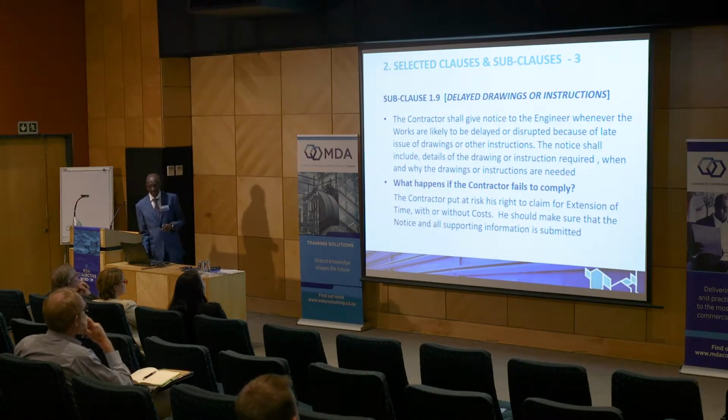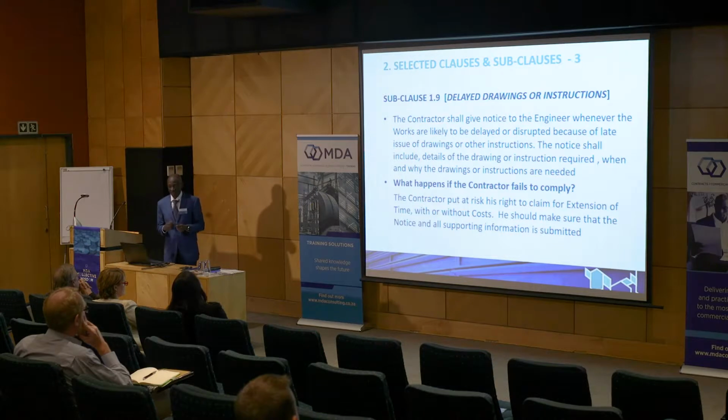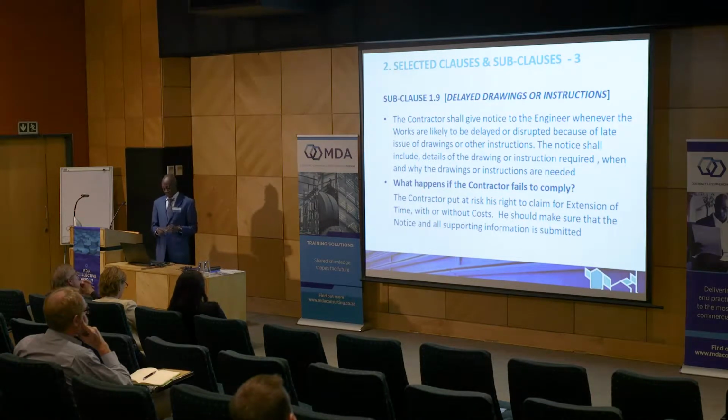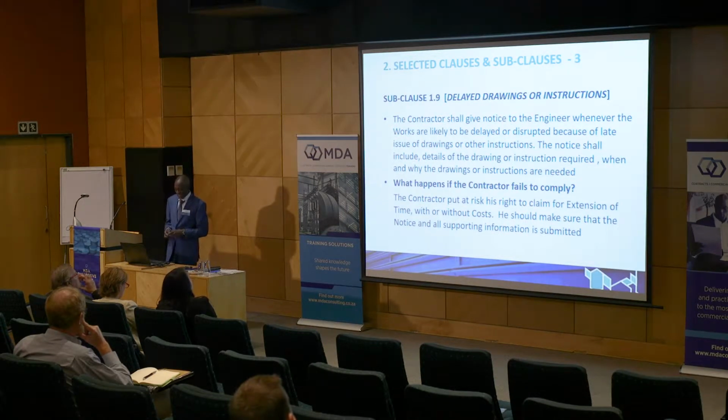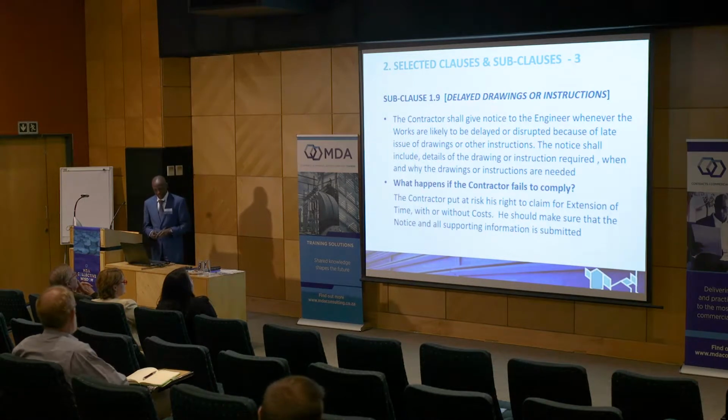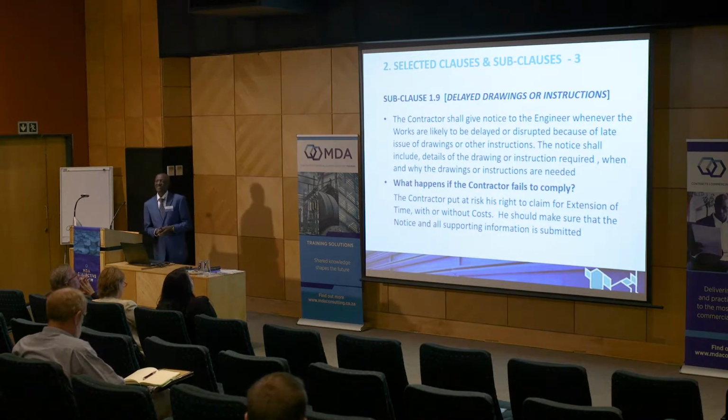Another subclause which I've selected to discuss with you this morning is subclause number 1.9. Under this subclause, the contractor is supposed to give notice to the engineer whenever works are likely to be delayed or disrupted because of the issue of drawings or other instructions which the engineer is supposed to issue.